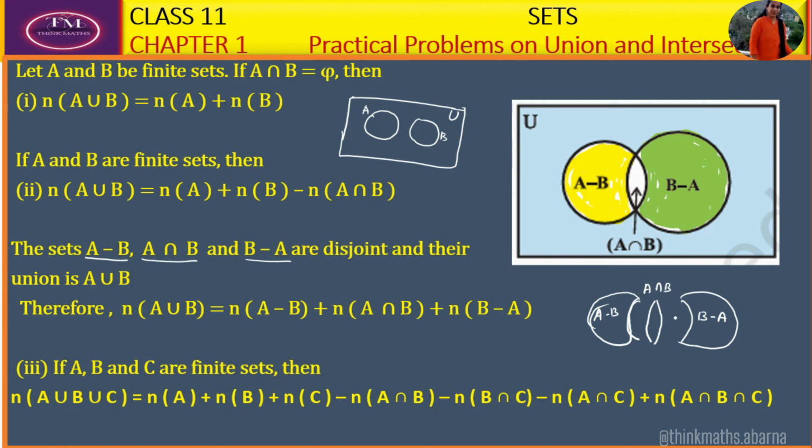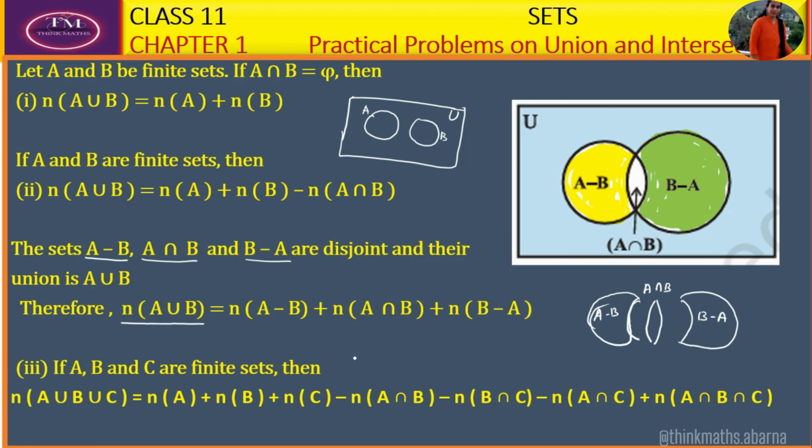If you join everything, you will get A union B. So n of A union B, the number of elements in A union B, can also be written as the number of elements in A minus B plus the number of elements in A intersection B plus the number of elements in B minus A. So there is another formula for the number of elements in A union B.